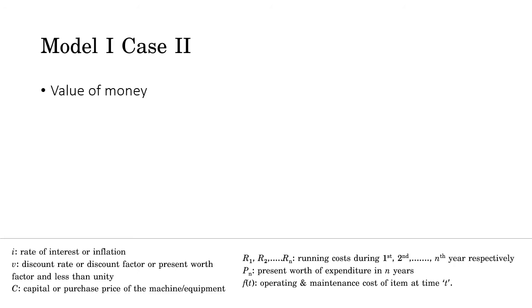So first let us understand the concept of value of money. If we invest an amount of 1 rupee today, then it will become 1 plus i after 1 year, where this i is the interest on 1 rupee. So the value of a rupee increases after 1 year.